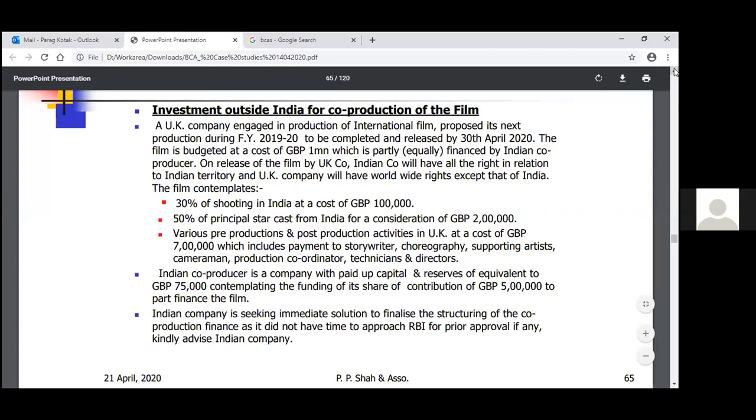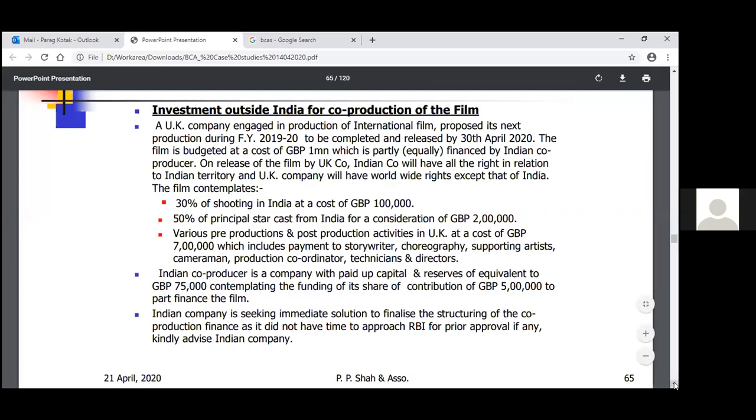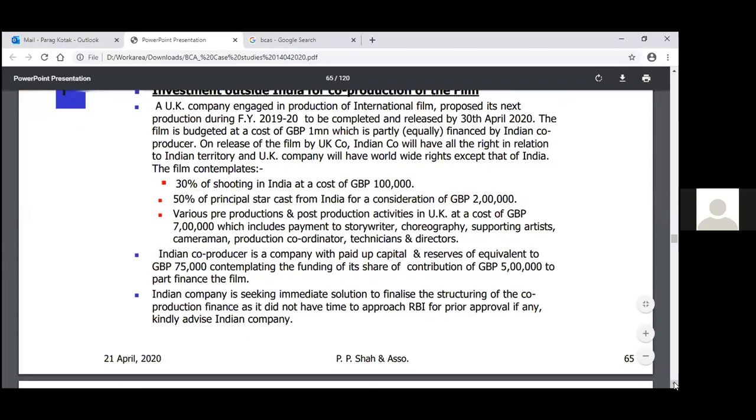This is what I thought could be considered by the tax practitioner as a tool to convert a transaction prima facie looking like a capital account transaction into a current account transaction, to quickly provide a solution within the parameters of the law and within the current account transactions law.